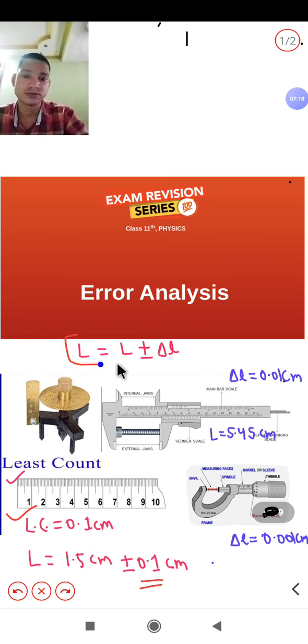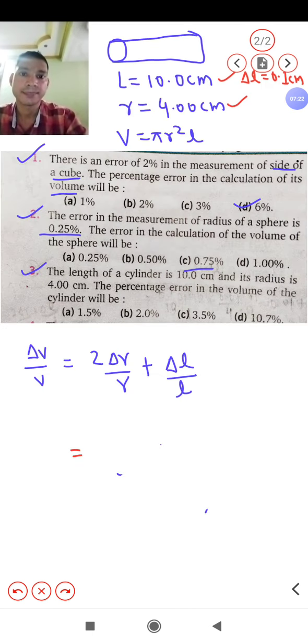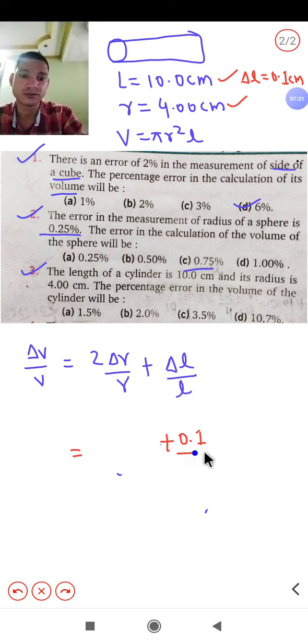So this is the way to write the complete measurement. In place of delta L, I'll put 0.1, which is the LC of the meter rule. Length is given 10.0 centimeter. Now let's talk about radius. Radius is already given, 4.00 centimeter.